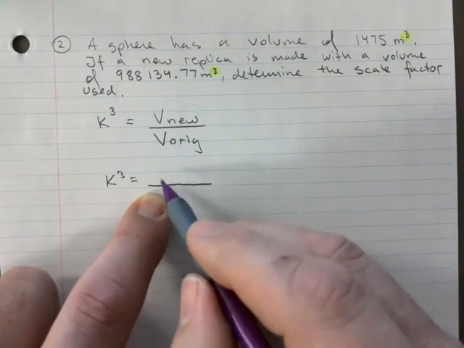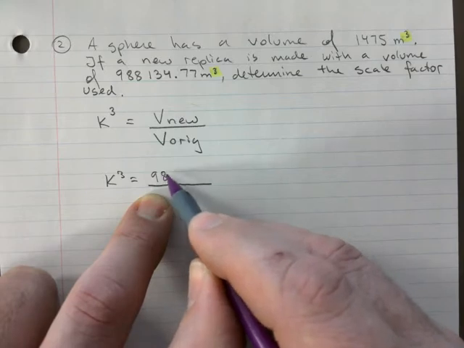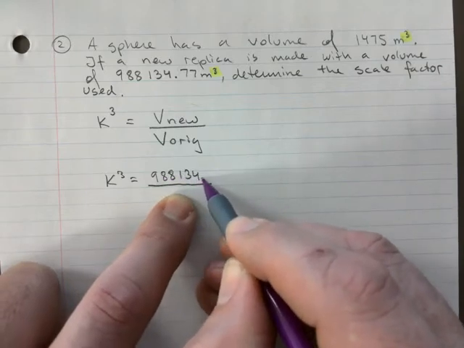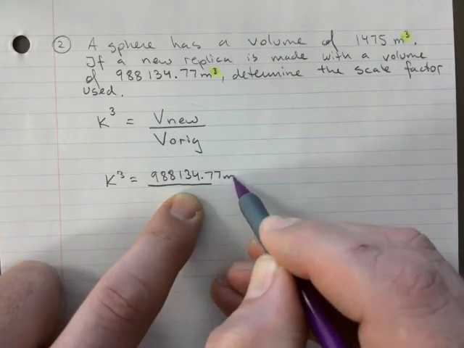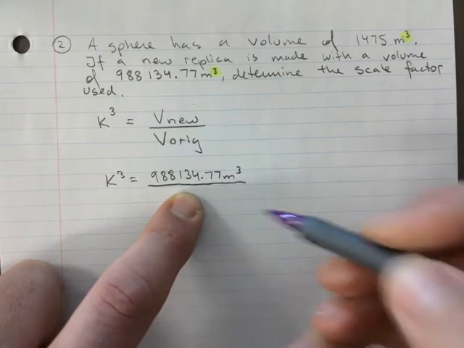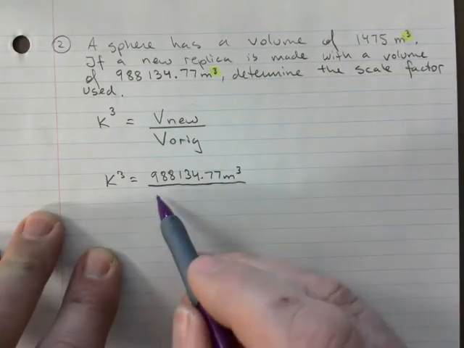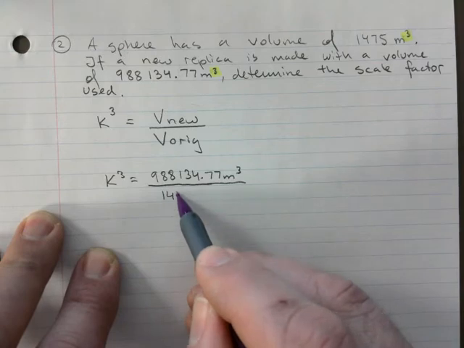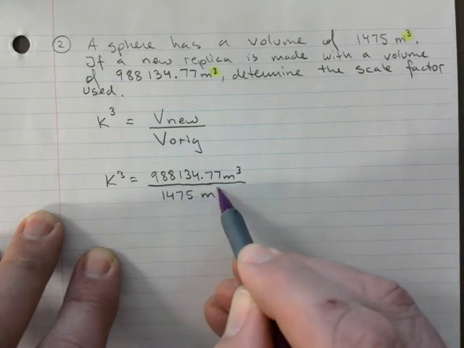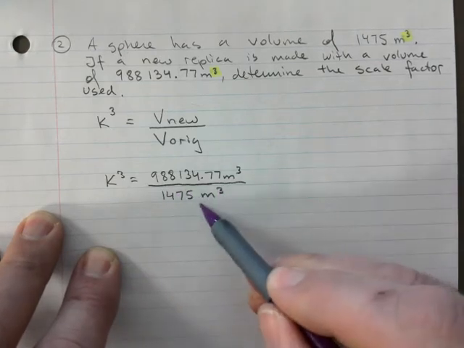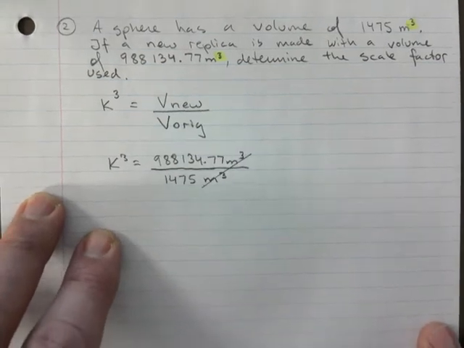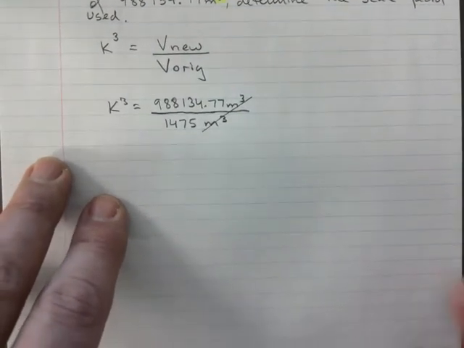The new one is the replica, and it's an enlargement, right? You can tell that that's going to be the case. And so 1475 meters cubed goes in the denominator, and they cancel out just nice, right? That's exactly what you want.